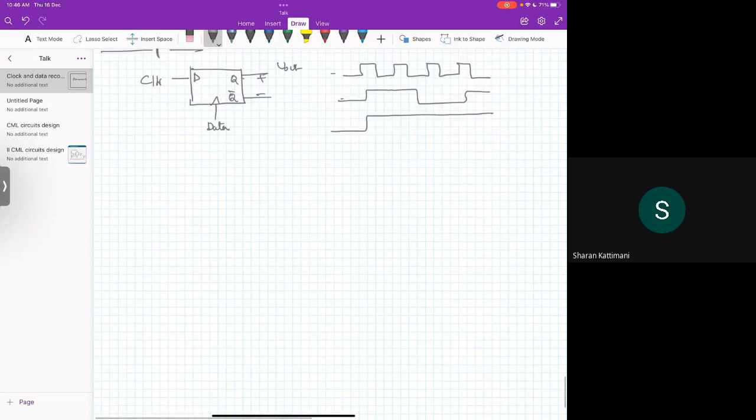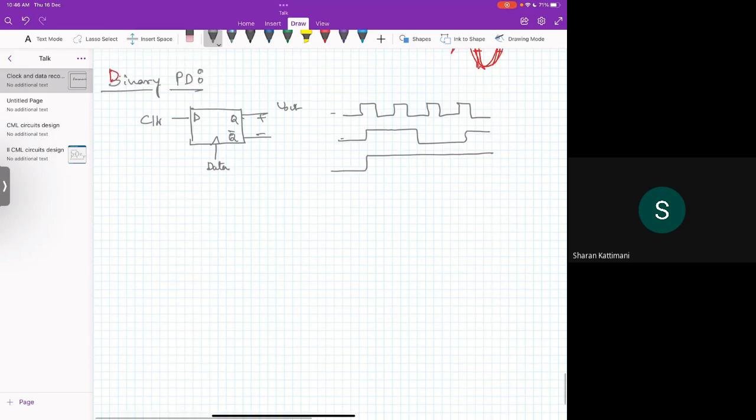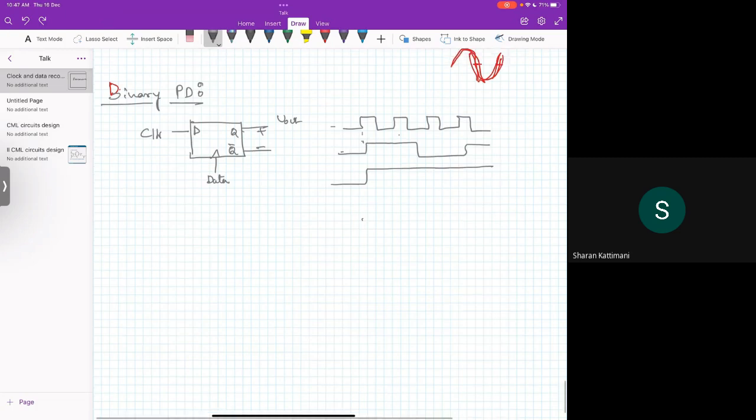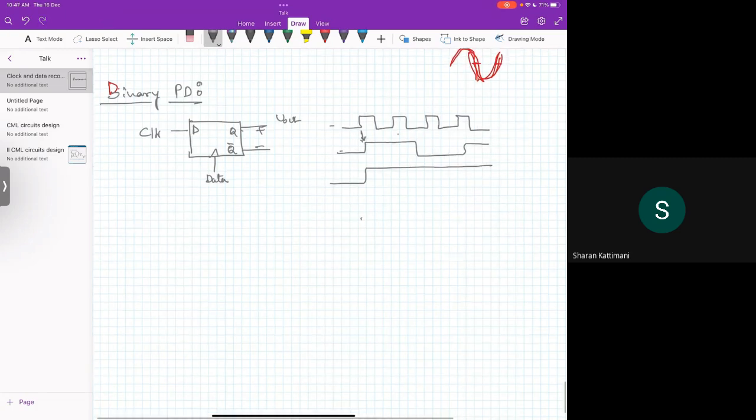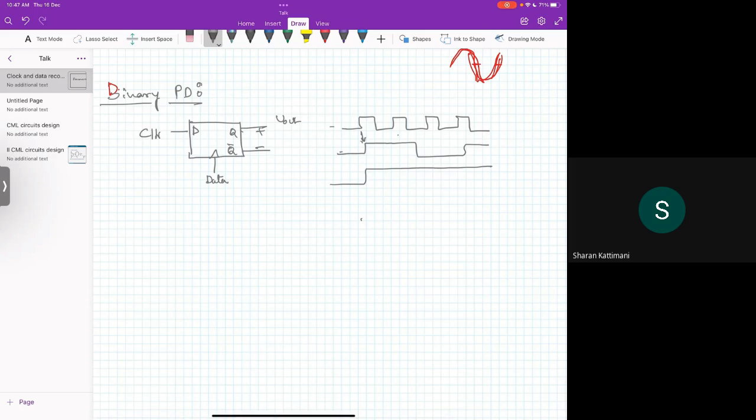Okay, and so this is one way. Here you can see that data is behind, the clock is ahead of data. If it is in a different way, then you will see there is a change in the waveform.